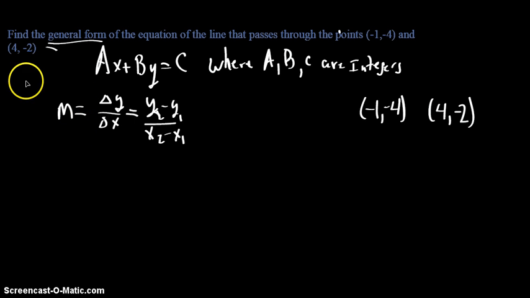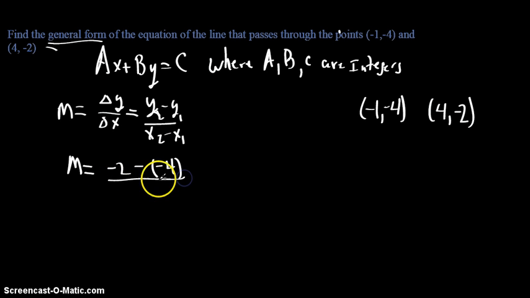So if we come back over here and we plug this in to find our slope, we are going to get m is equal to y2 which is -2 minus y1 which is -4, all divided by x2 which is 4, minus -1.